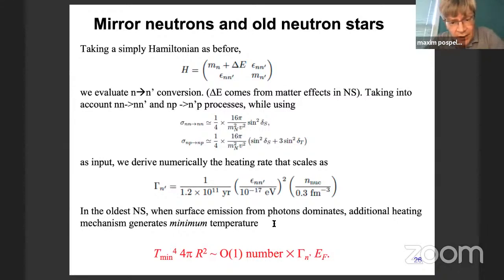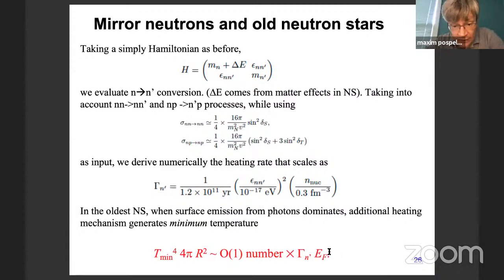And basically, the oldest neutron stars are believed to be cooling off from the surface emission, and you can relate their minimum temperature with this new heating effect that produces n primes while emitting an amount of energy EF at each collision.